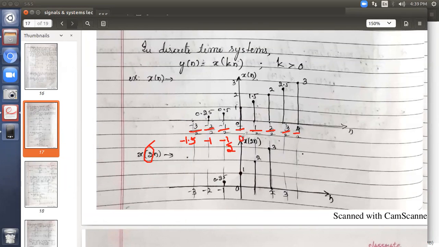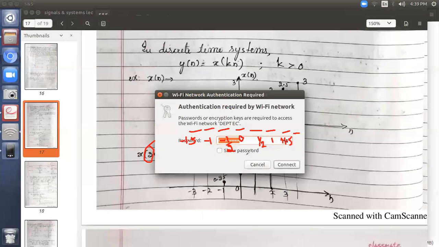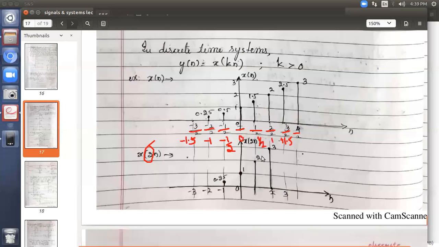Then 0 by 2 is 0. 1 by 2, I will keep it as it is, plus 1 by 2. 2 by 2 is 1. 3 by 2 is plus 1.5. And 4 by 2 is 2. This is the new time range. Earlier it was the -3 to 4 range. Now the new range is between -1.5 and 2.